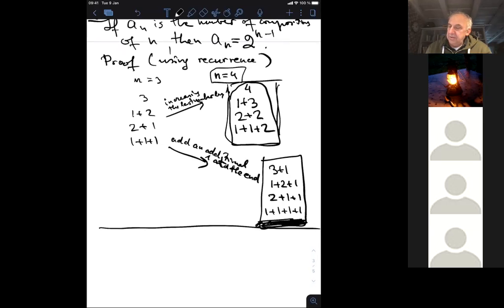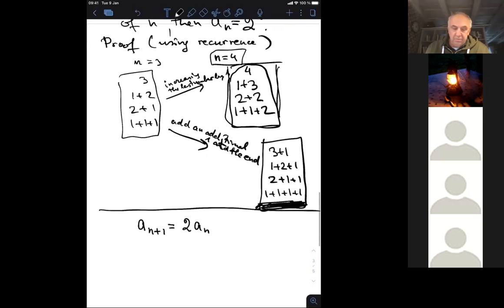In any way, from this procedure, it's obvious that we have the following recurrence relation, that a_{n+1} is just twice a_n. So we'll be getting 2 copies of our compositions of the previous number n. And the only thing to do now is to check what would be our starting condition for this recurrence.